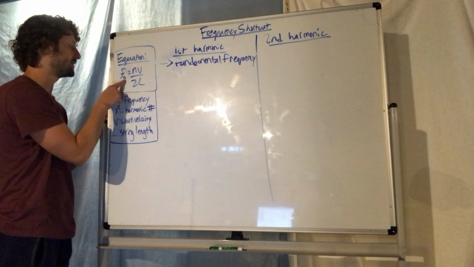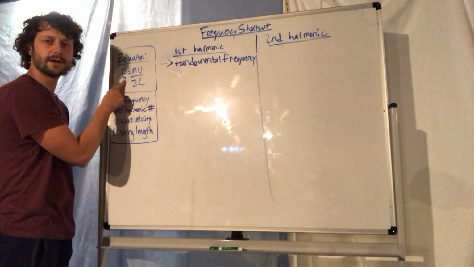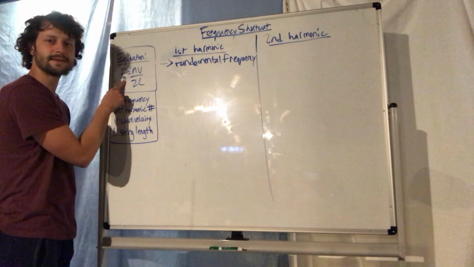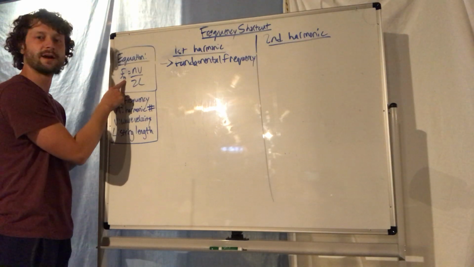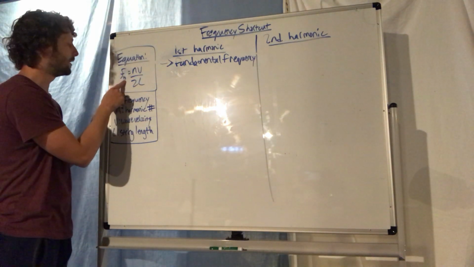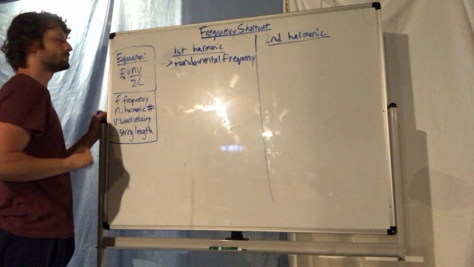It modifies the F. It allows us to say, are we looking at the frequency for the 1st harmonic, the 2nd harmonic, the 3rd, etc. Then we write F1 or F2 or F3, but it's not F times N on the left side, okay?